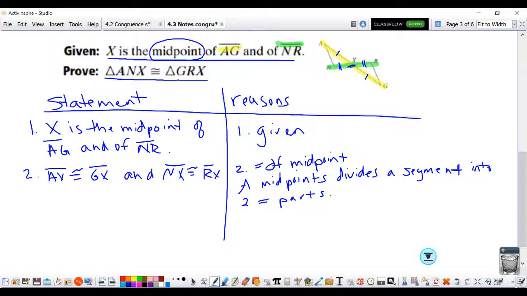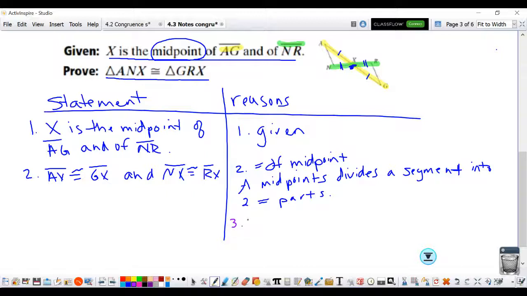Because I know what a midpoint means. So what we see in our picture is we've got two pairs of sides that are congruent. There's no way to tell whether RG is congruent or AN is congruent, but I see the yellow and the green line. I spy something that you're going to use a lot.